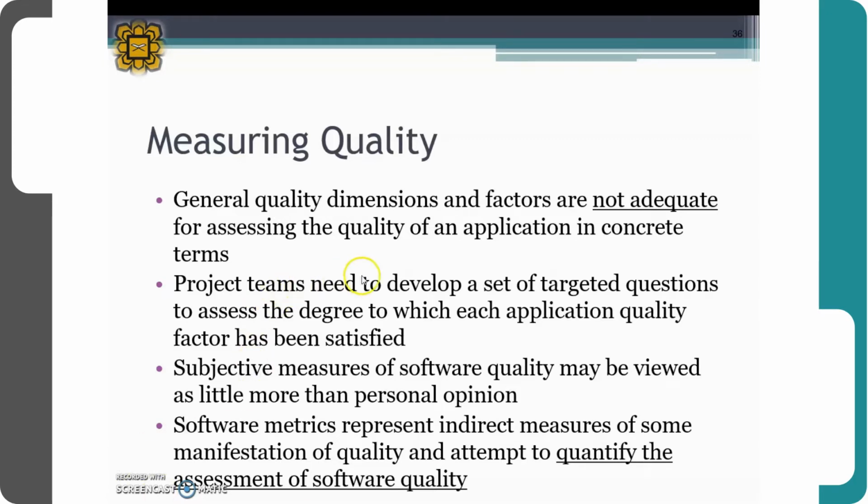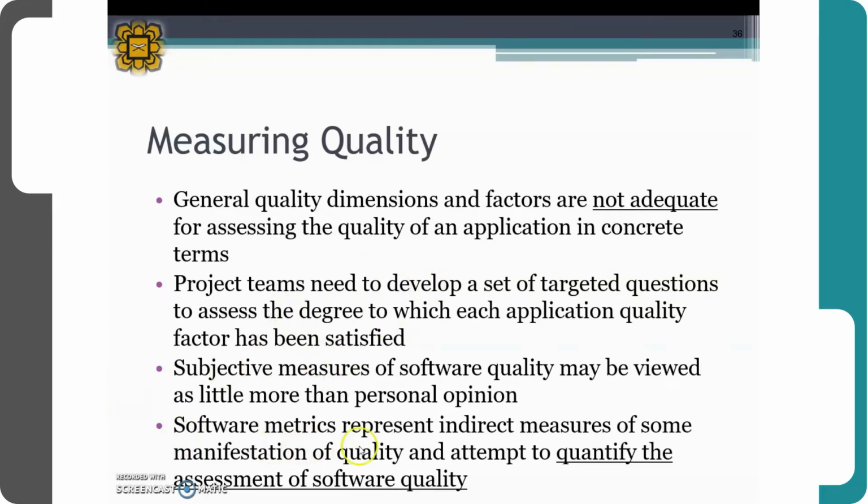So project teams need to develop a set of targeted questions to assess the degree to which each application quality factor has been satisfied. Sometimes subjective measures of software quality may be viewed as personal opinion. That means you think that you have achieved those quality attributes, but you don't have any evidence to support your claims.